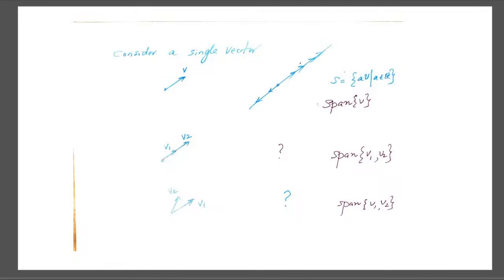We can think about this. Obviously, v1 and v2 together. If you add them, you will get this. But if you add with different a1 and a2, you can get any of these things, right? Using negative numbers also.